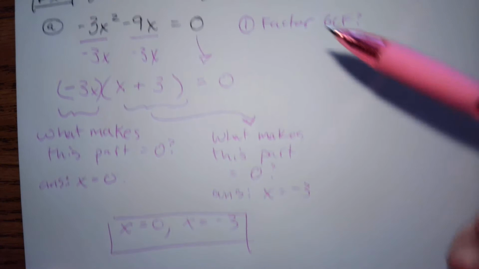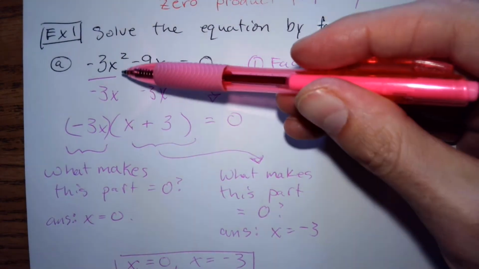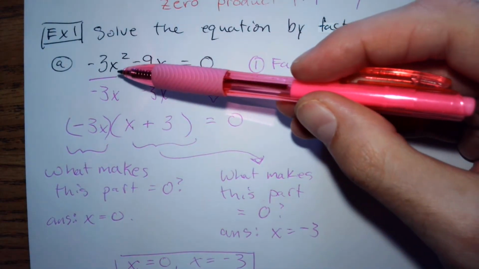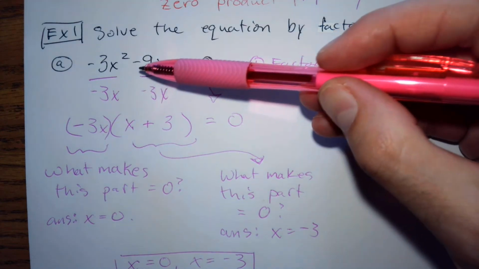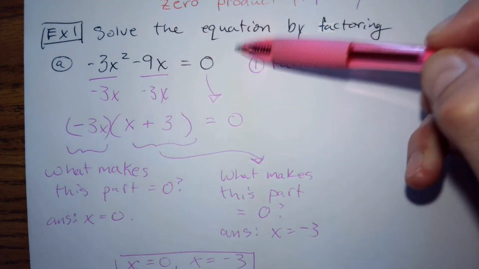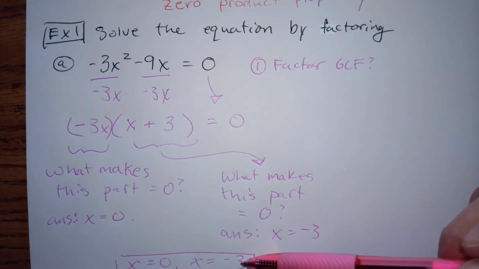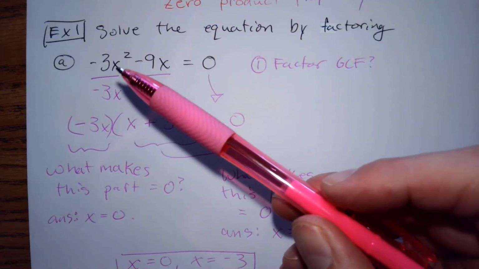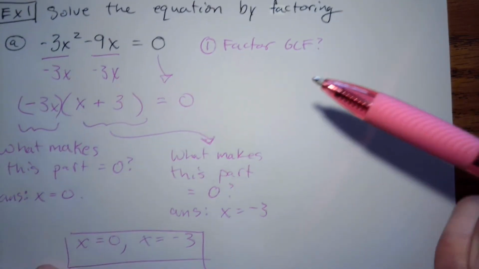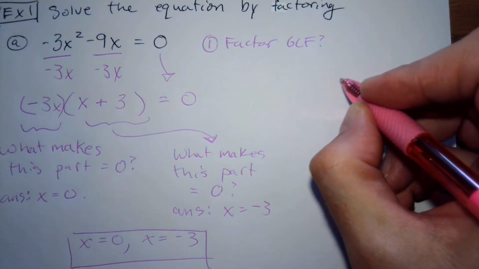And if you were to plug in 0 to the original, well, negative 3 times 0 squared is 0, minus 9 times 0 is 0, so you get 0. Or if you plug in negative 3, it should also equal 0. So I'm going to check that part real quick just so you can see.